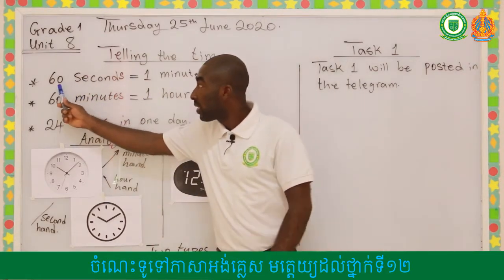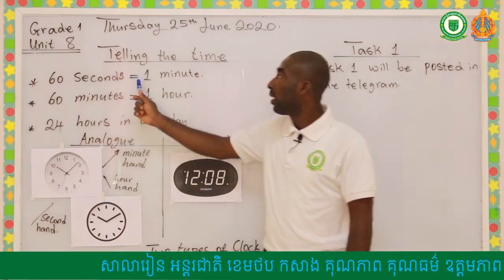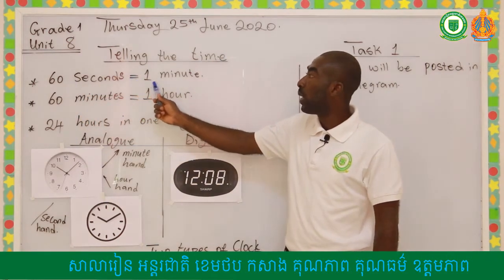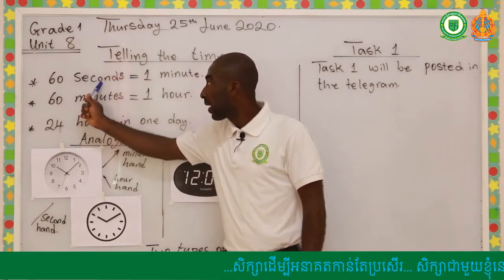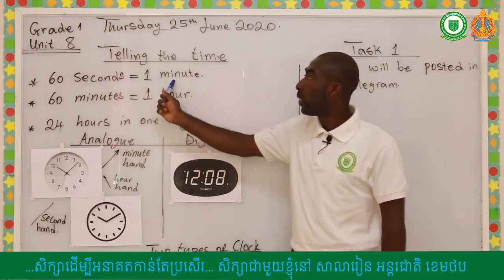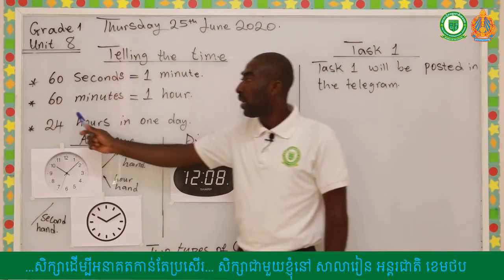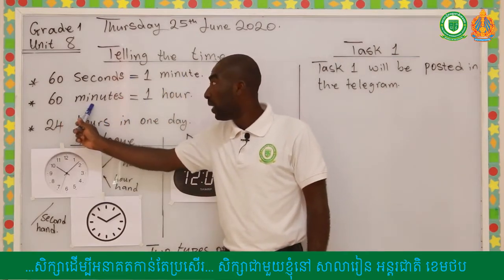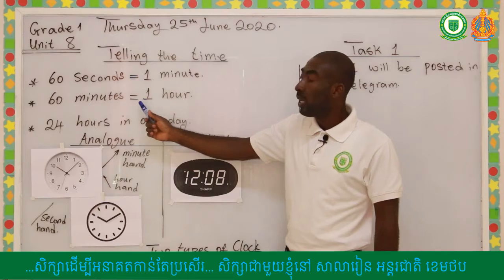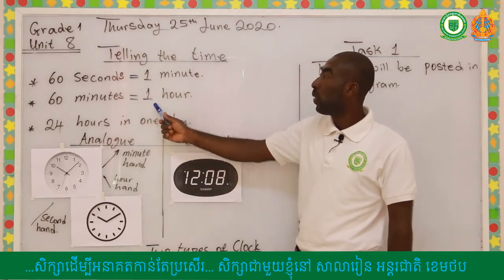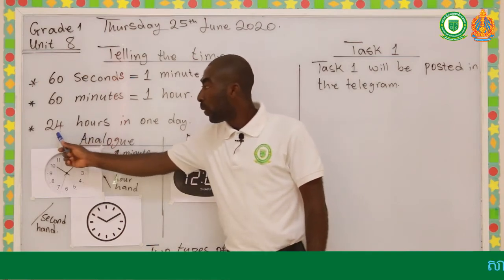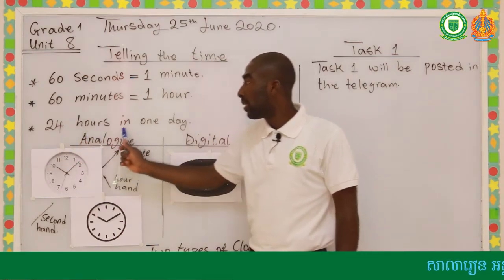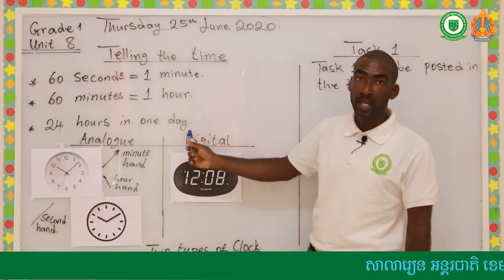We say 60 seconds is equal to 1 minute. And then 60 minutes equal to 1 hour. We have 24 hours in 1 day.